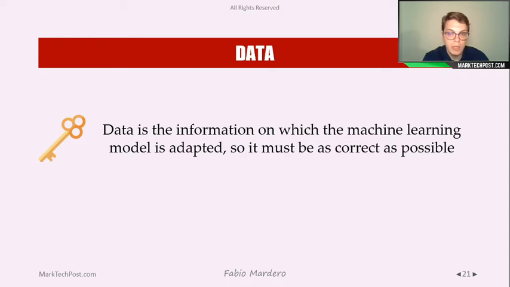So the first key element is the data, and the data is the information. And now we know that data can be described using random variables. In a tabular data, every column can be described as a random variable, a numerical or a categorical random variable.